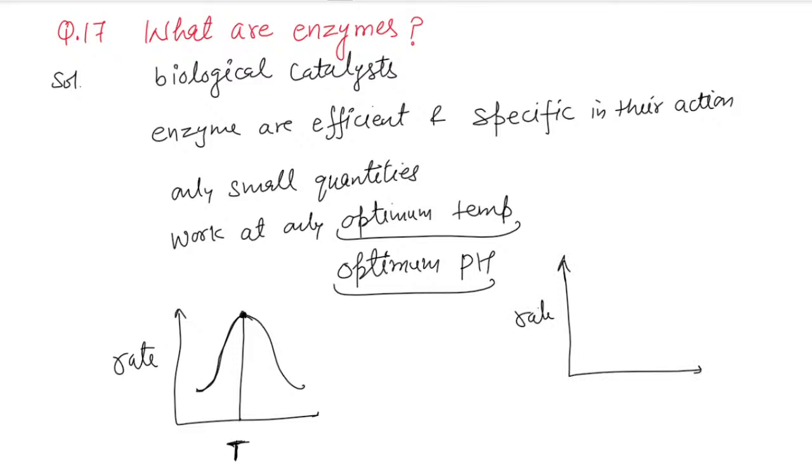Similarly for rate versus pH, the rate is maximum at a particular pH. Below and above that pH, the rate is slow. So that is called optimum temperature and optimum pH.